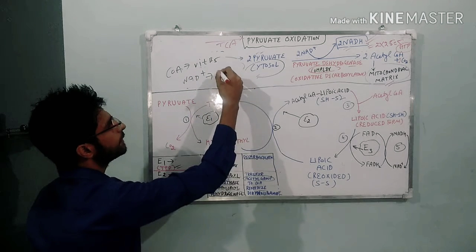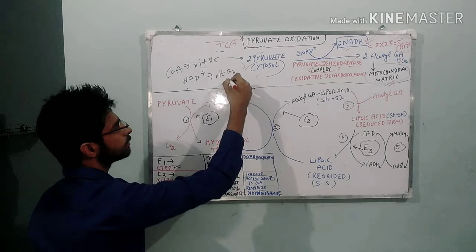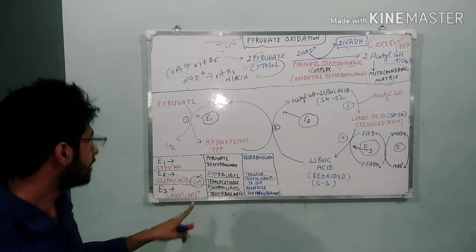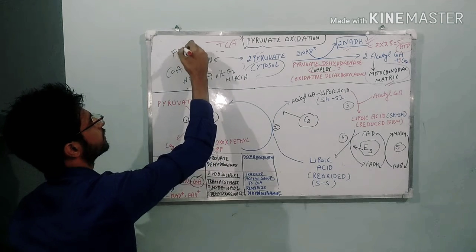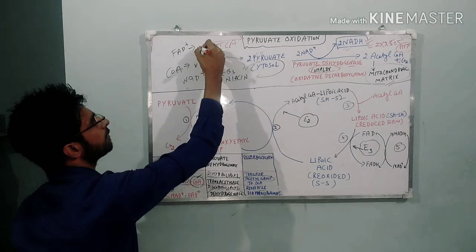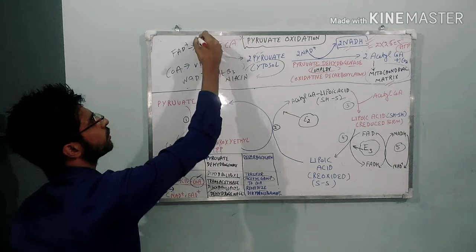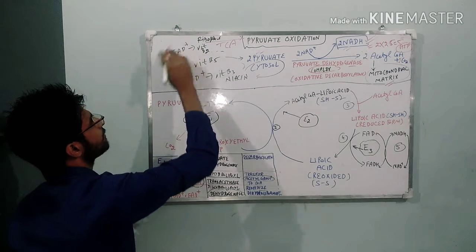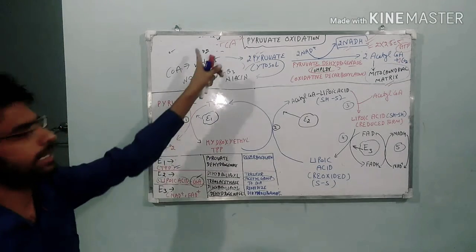NAD is vitamin B3, niacin, and FAD is vitamin B2, known as riboflavin. FAD and FMN are there, so it is known as riboflavin.